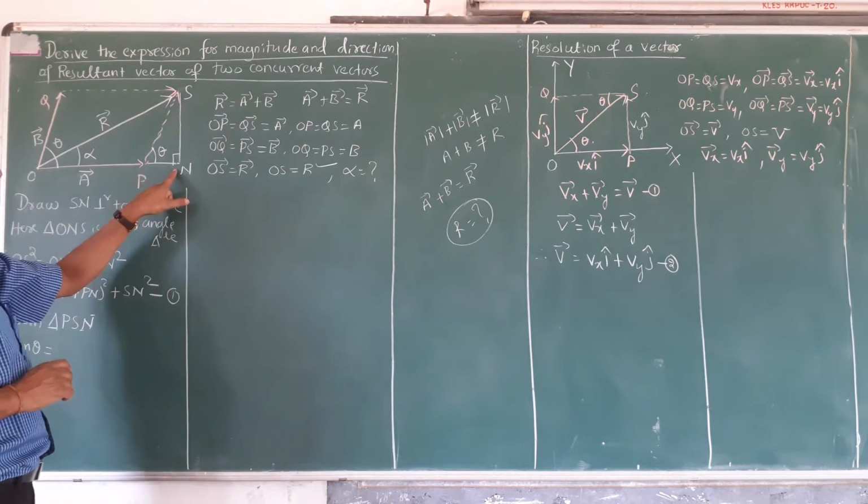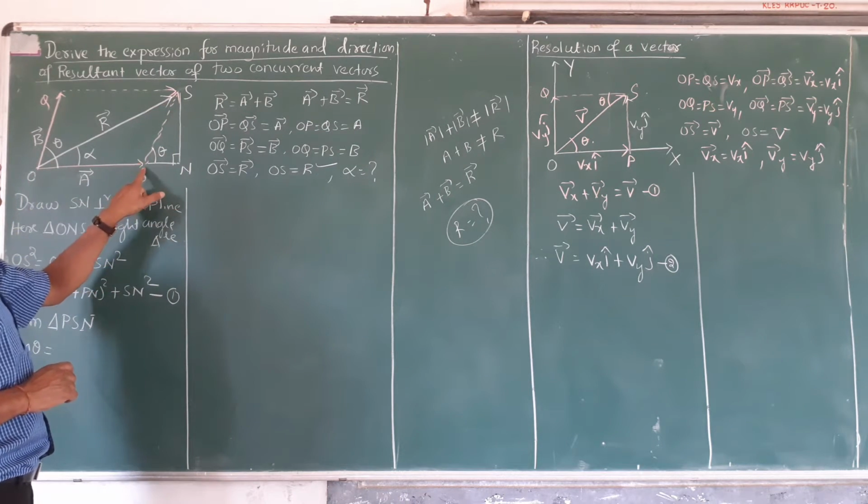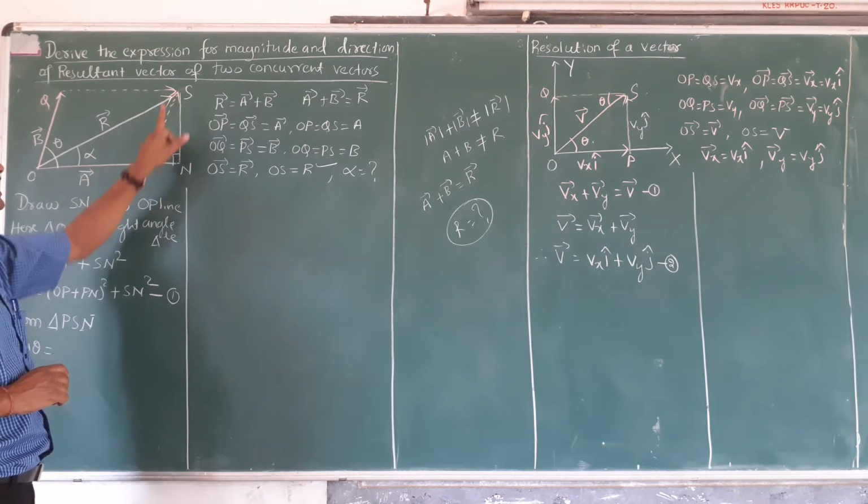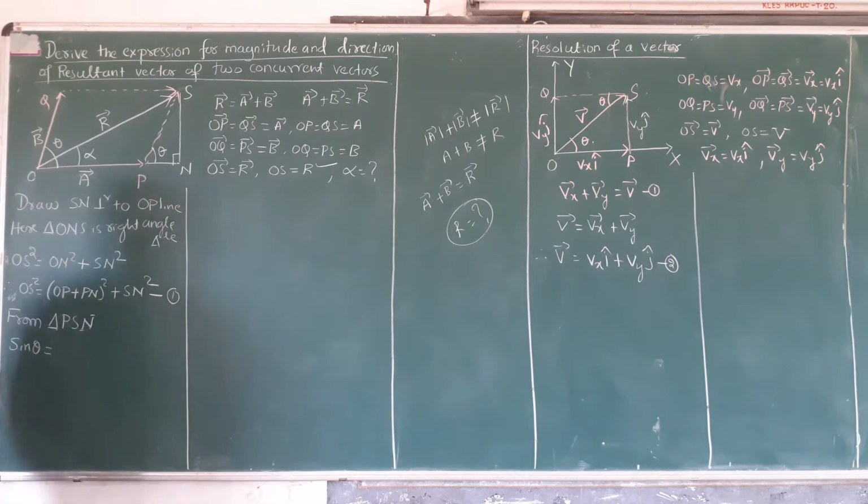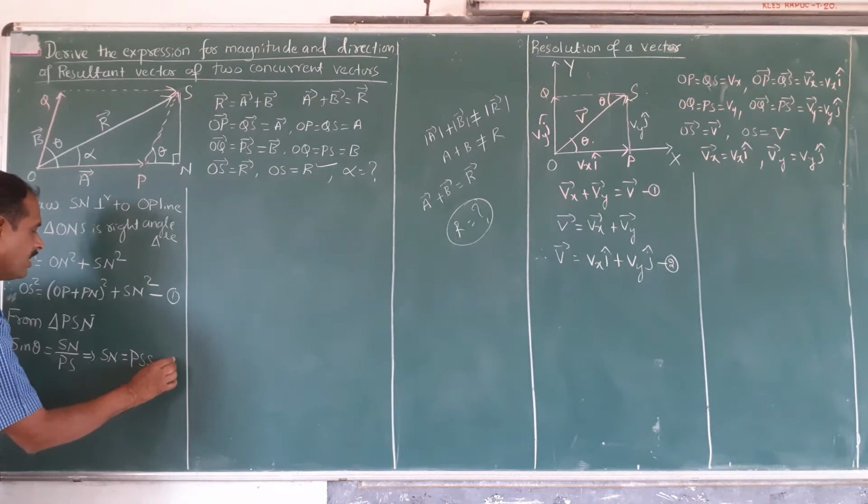SN is the opposite side, hypotenuse is PS, and the adjacent side is PN. So sin theta is equal to opposite side divided by PS, which implies that SN is equal to PS sin theta.